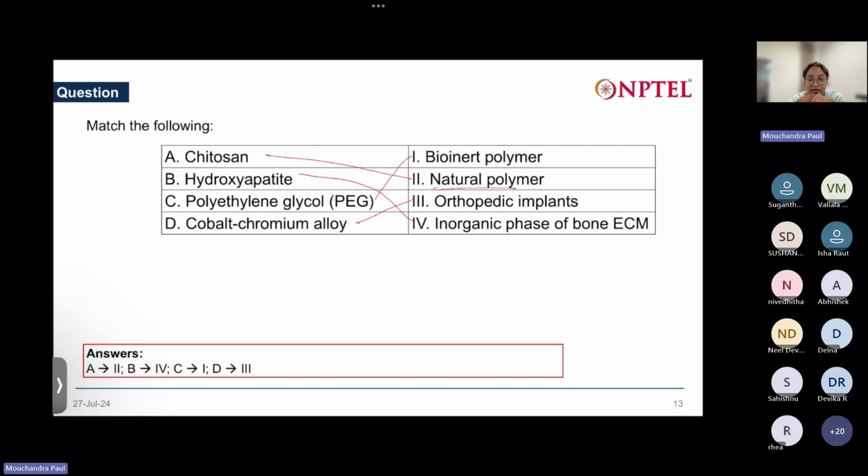Stainless steel can also be used for orthopedic implants. Then there are titanium-based alloys with other metals like magnesium and vanadium. Also, please note the stainless steel that we use in our homes to make utensils like plates and bottles, that grade of stainless steel is not used. That is 304 grade, I think.